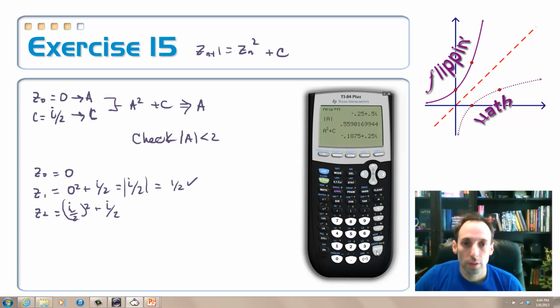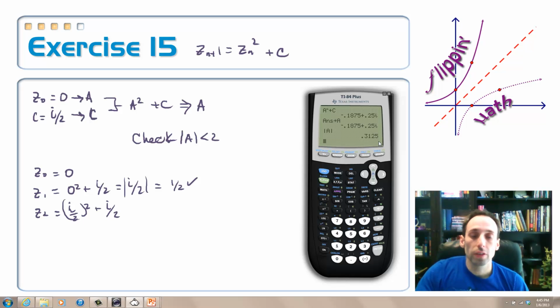Hit enter. So there's my new value. Store it as A. There it is. Take the absolute value of that thing. So again, I can go second enter, second enter, second enter. There we go.